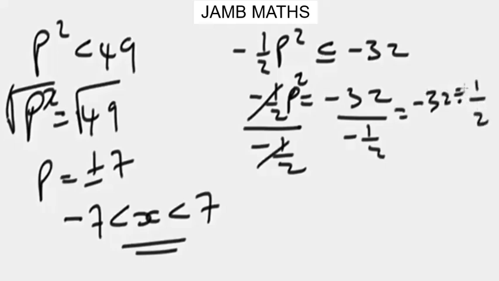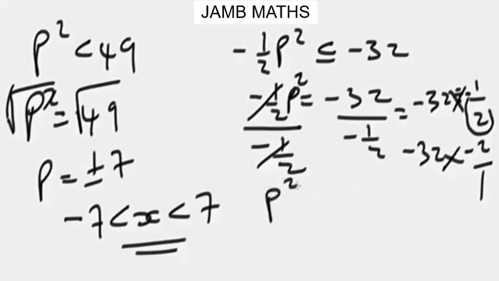Okay, so when you change this division sign to multiplication, you're going to invert what you have here. Remember, this thing is minus 1 over 2. So you're going to have minus 32 times minus 2 over 1. Minus 32 times minus 2 will now give us 64, so we're going to have p squared equals 64.